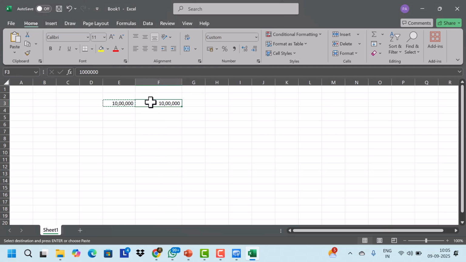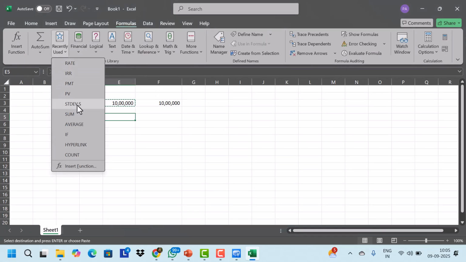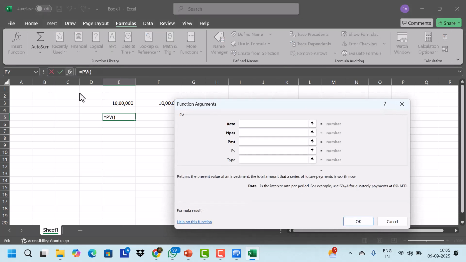Okay. So here, what I do is I use the formula straight away. So I use the present value formula. Just see this formula. Rate is how much? 10%. Now the future value is how much?